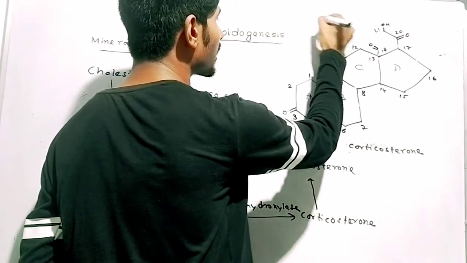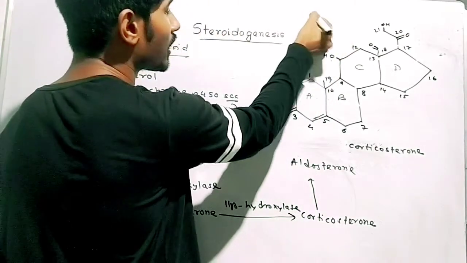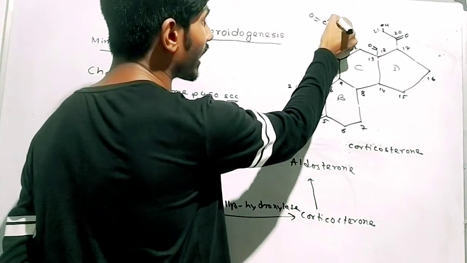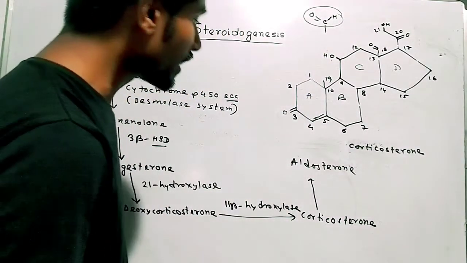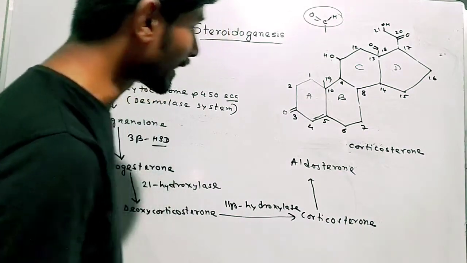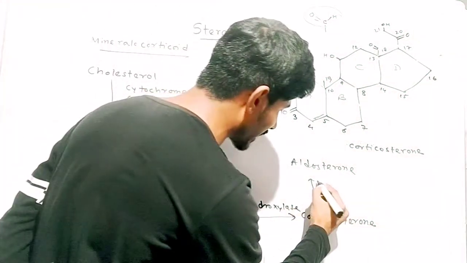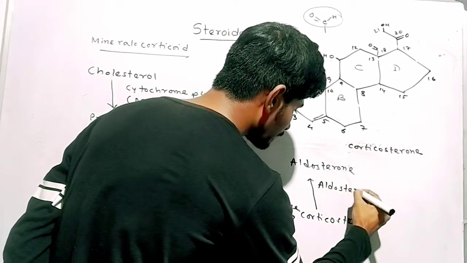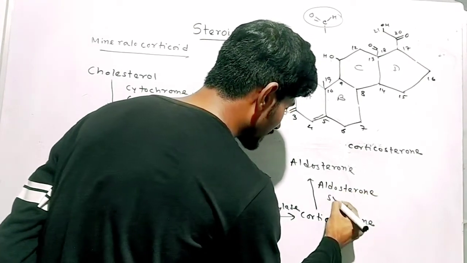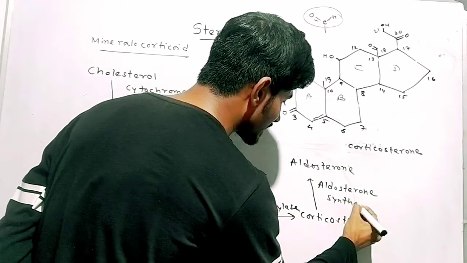So you can see this carbon is like this, and the oxygen is attached to it, and the hydrogen is there, forming the aldehyde group. So that's why it is named as the aldosterone, and this reaction is catalyzed by an enzyme which is called aldosterone synthase. Okay, not synthetase, it is synthase.